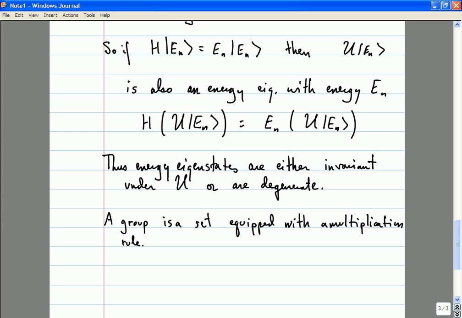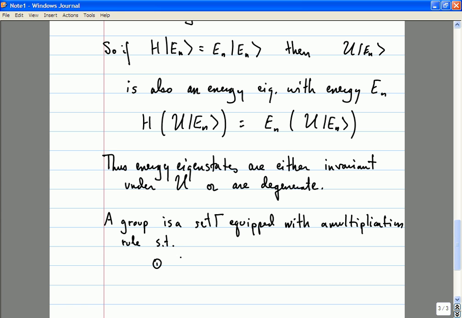So let's call this set G. No, let me not call it G. I've already used G. Let's call it gamma. Gamma's pretty close to G. Which has the following property.